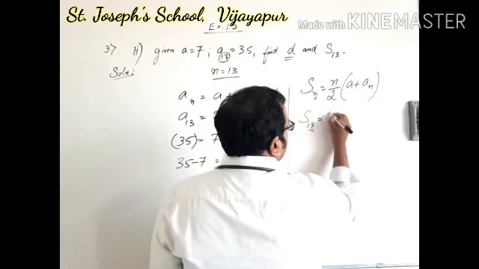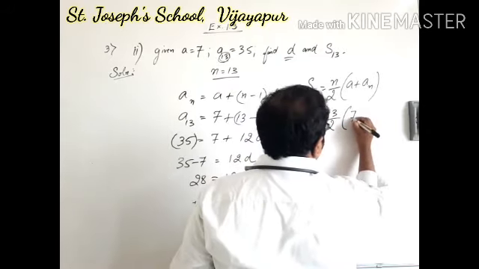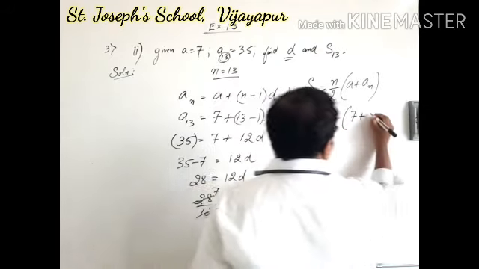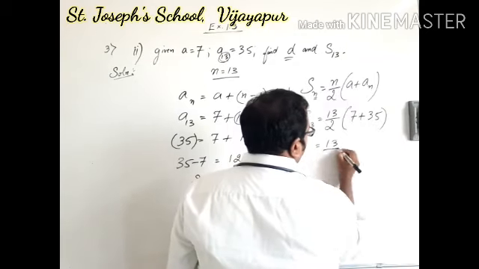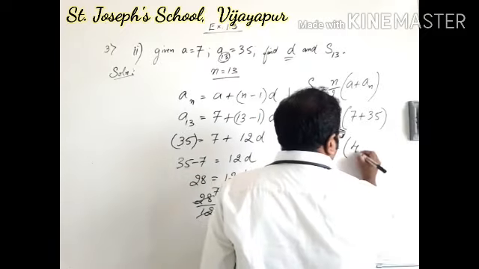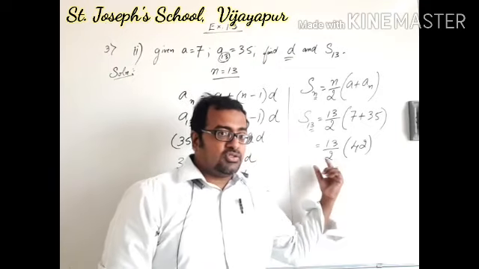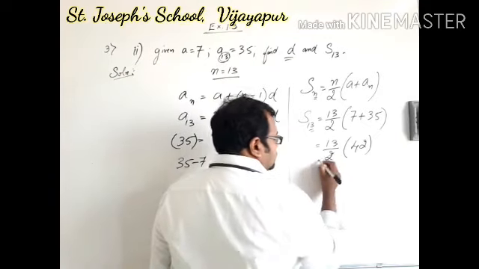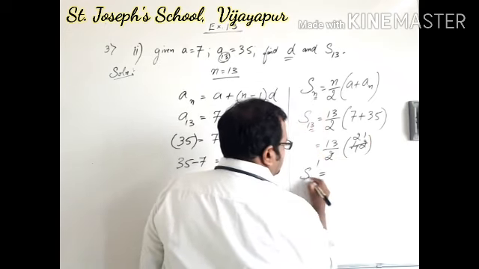So it is equal to 13 upon 2 into the first term being 7 plus the last term being 35. The next step is 13 upon 2 into 35 plus 7 is 42. Now we can simplify with 2 as a common factor. So 2 ones are 2, 2 21s are 42. So what is your S13?